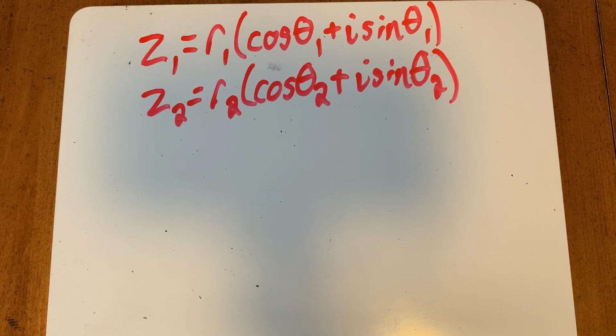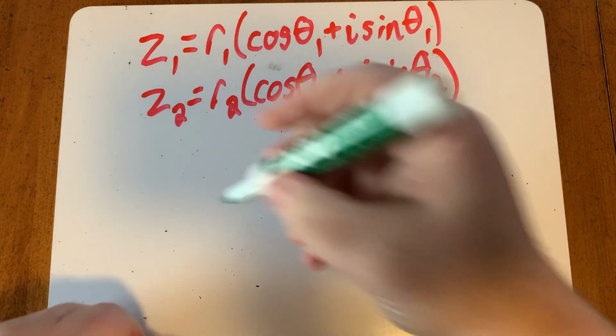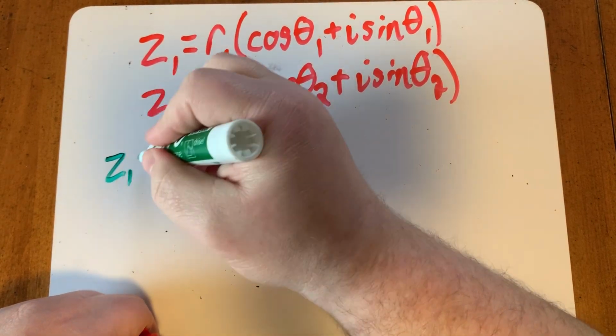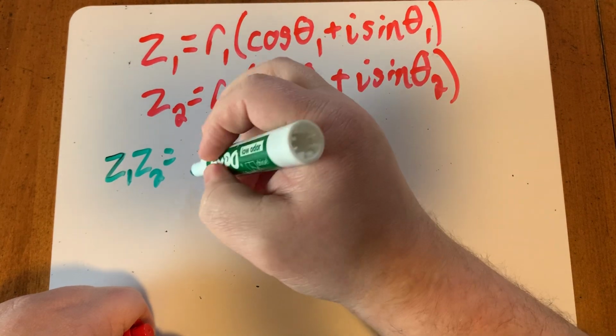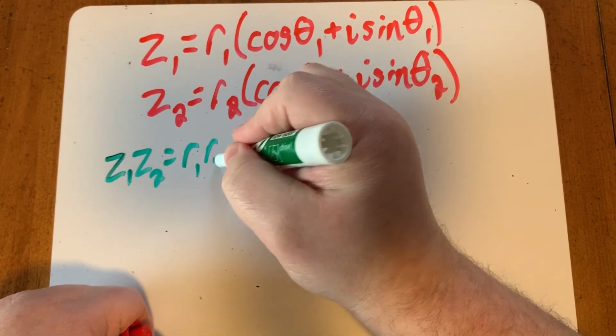If you want to multiply these two together, the r's would multiply together, r1 r2.